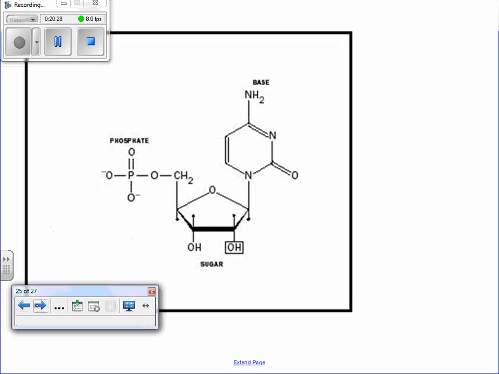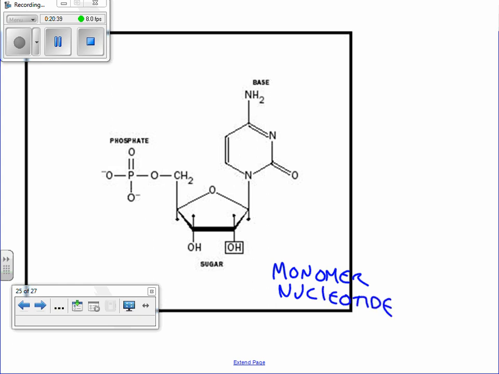Finally, moving into nucleic acids, this is what your monomer looks like, right? And this is called a nucleotide. A nucleotide has a nitrogen base, a sugar, and a phosphate. Remember that nucleotides can build DNA, and they can build RNA, right?